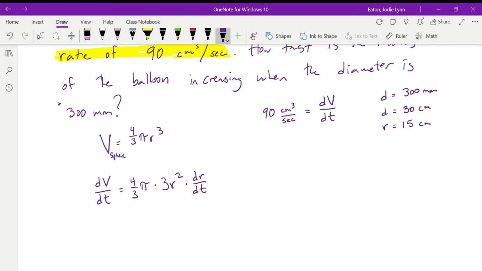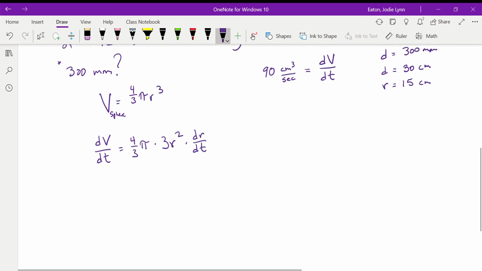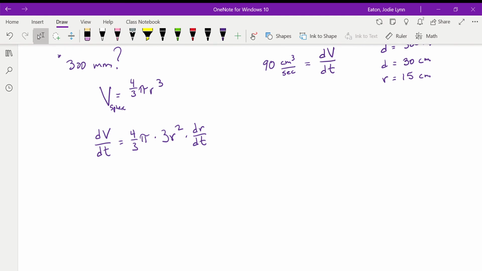We're using the chain rule here because we're differentiating with respect to time, not with respect to r. So we can cancel these 3's and simplify a bit. So dV/dt equals 4 pi r squared times dr/dt.